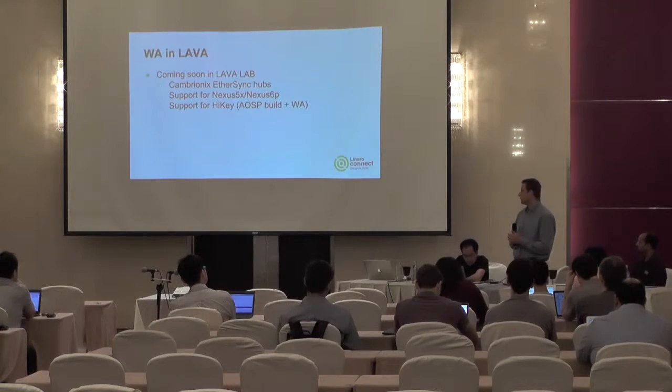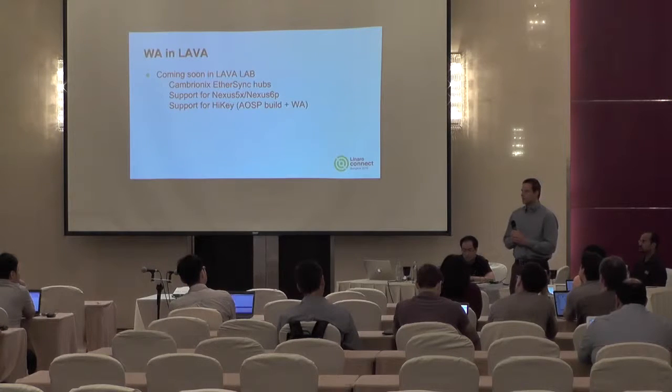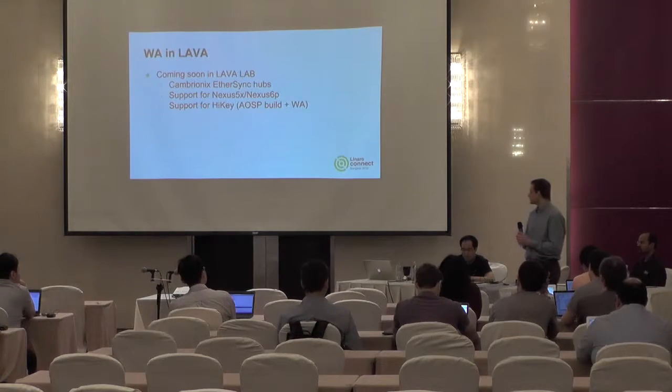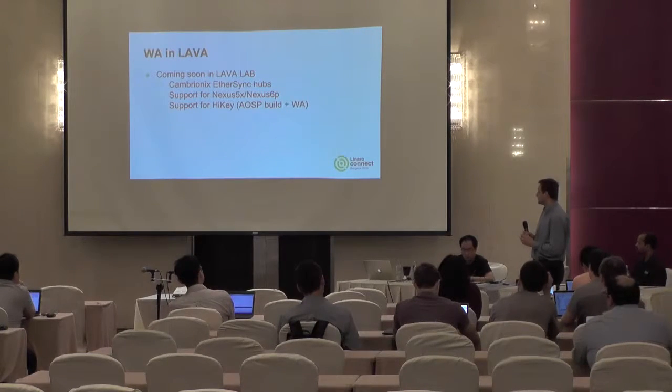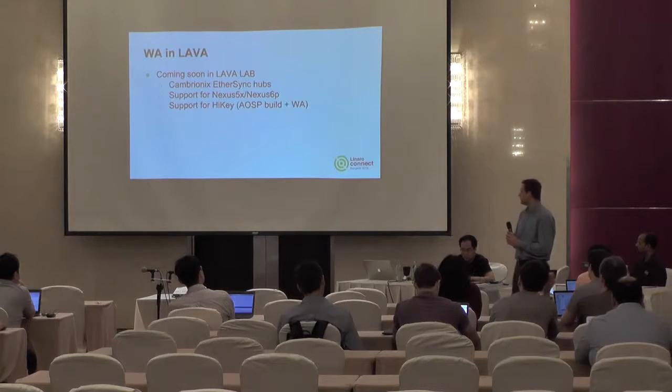I checked this just before Connect on Friday. It works just fine. Hopefully we'll get that supported in LAVA in our lab in Cambridge in the next couple of weeks. That will give us easy support for Nexus 5X or 6P or HiKey with an AOSP build, and we can run Workload Automation on that.